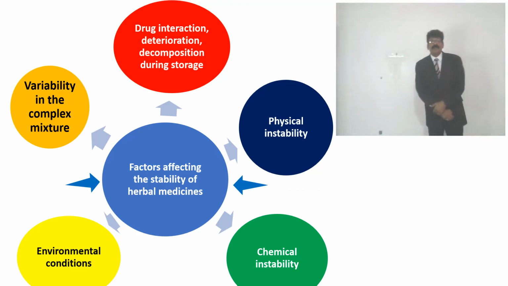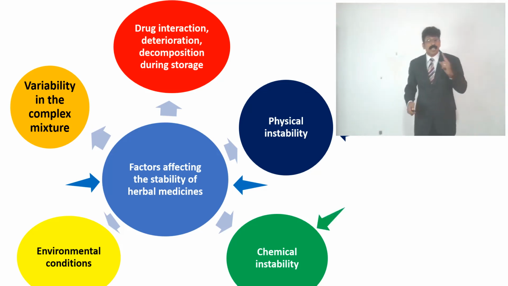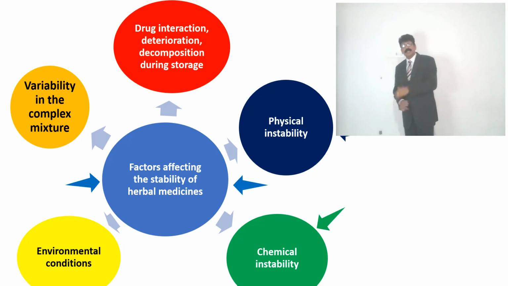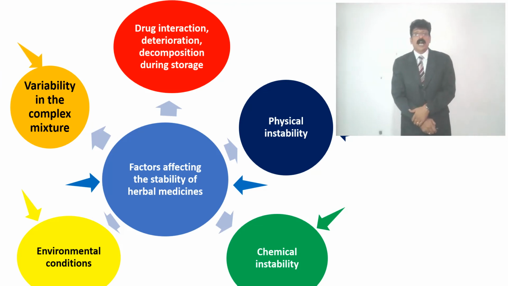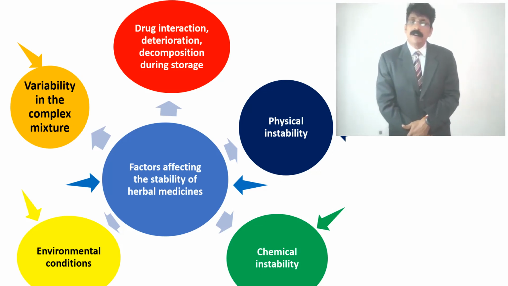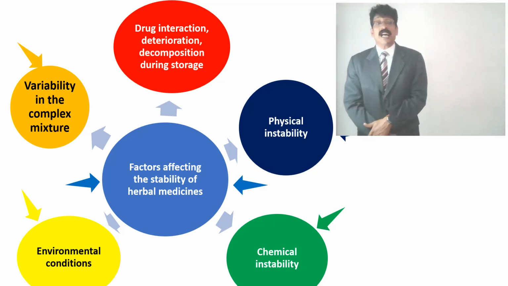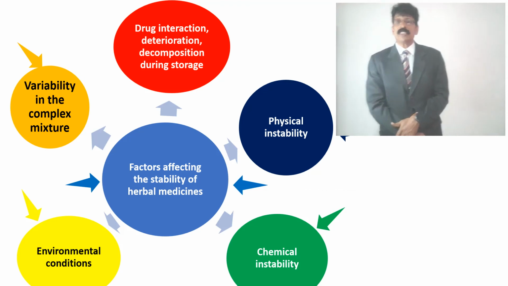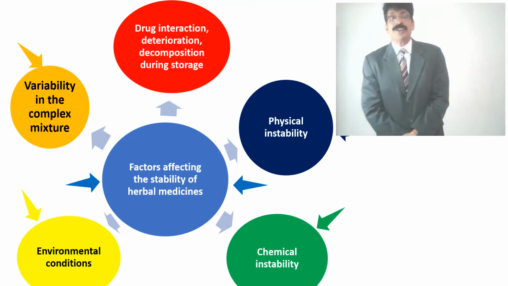So the factors affecting the stability of herbal medicines are physical instability, chemical instability, environmental conditions, and variability in the complex mixtures of the formulation, the active markers or active components present in the formulation, and drug interaction between them if it is a complex mixture: drug interactions with excipients and also drug-drug interactions, and decomposition and deterioration during storage.